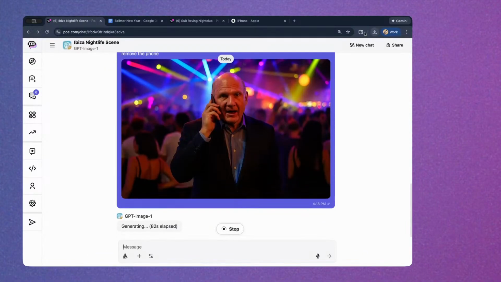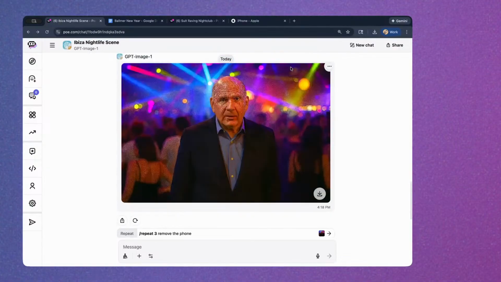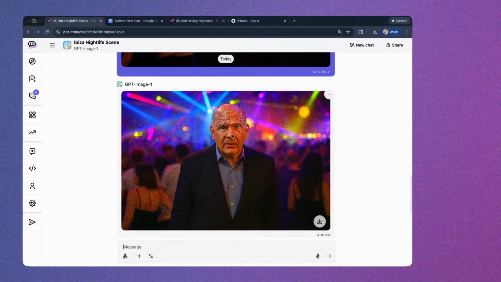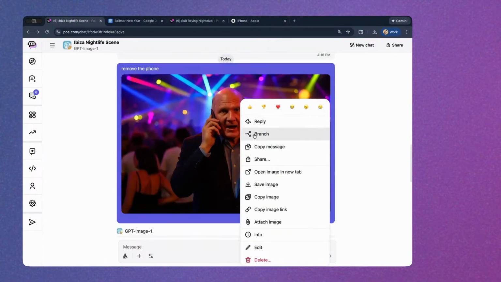Come on. Why did it pixelate it? Didn't even need to pixelate it.